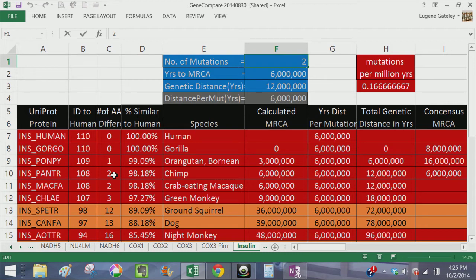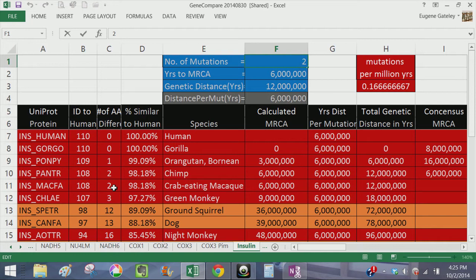So chimp is actually less similar to human than either orangutan or gorilla. And chimp is as similar to human at 2 amino acid differences as macaque, the crab-eating macaque.